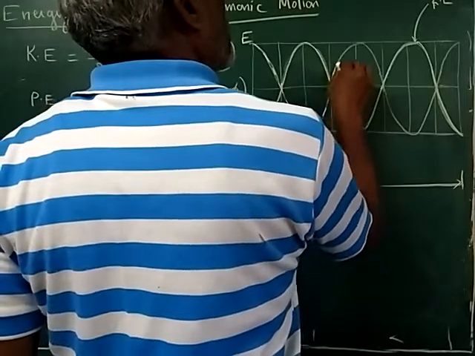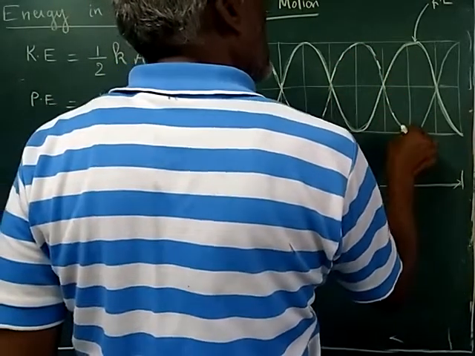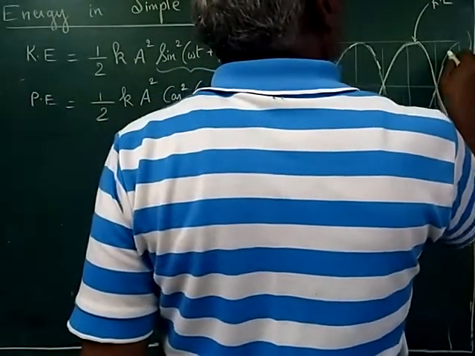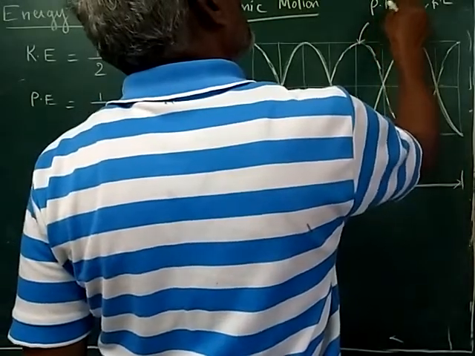So this is a dotted line. So this waveform is potential energy.